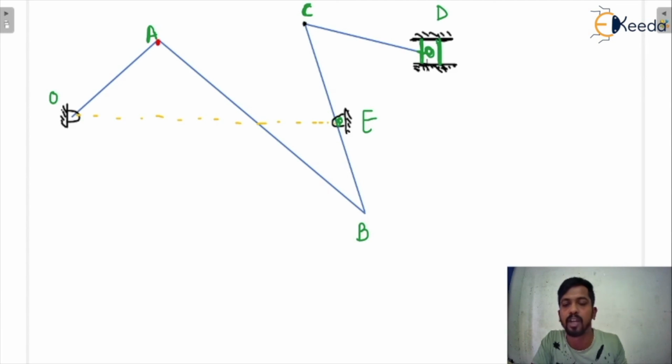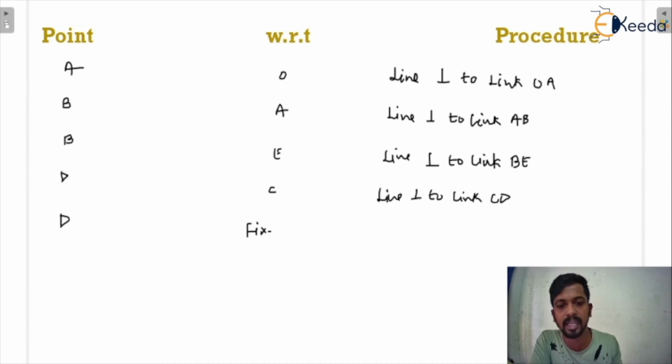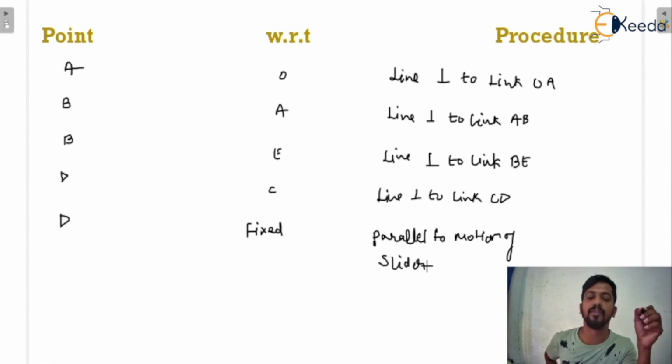And if I'm talking about the velocity direction of point D with respect to the fixed link, that would be parallel to the motion of the slider. Now you are able to understand how we can draw the velocity diagram.